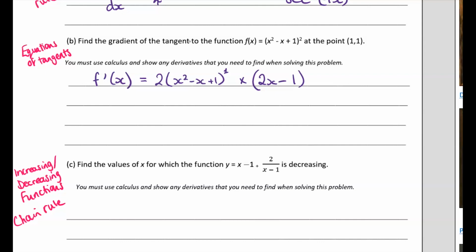So now if we want to find out what the gradient of the tangent is when x is 1, because of this bit just over here.